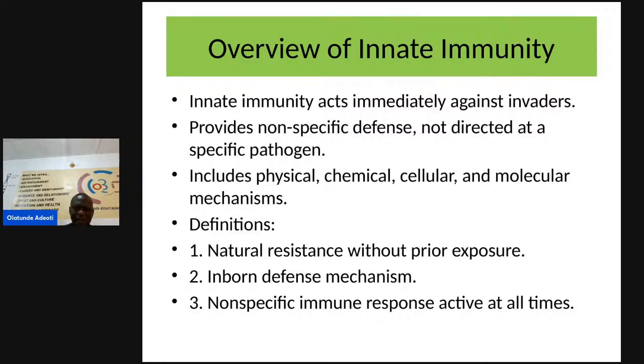Okay, and the general overview of innate immunity: it acts immediately against invaders. It is very quick to act, because it is present at all times in almost all the cells. And that is the gift that nature has given us.